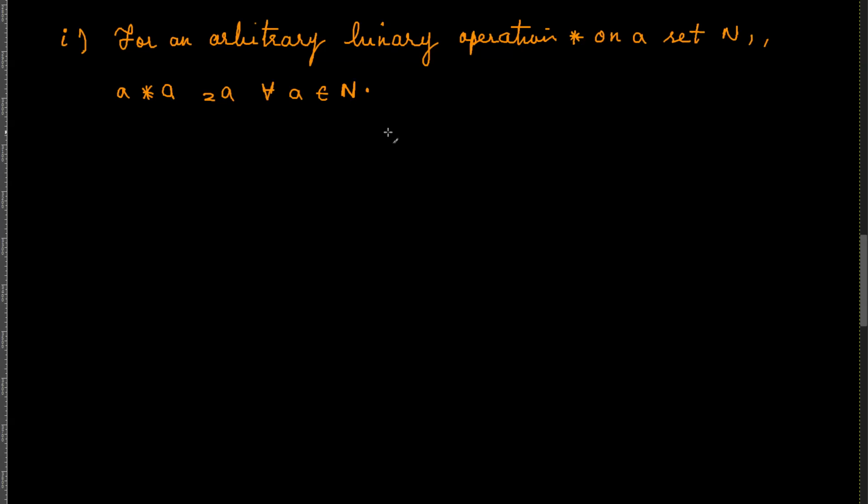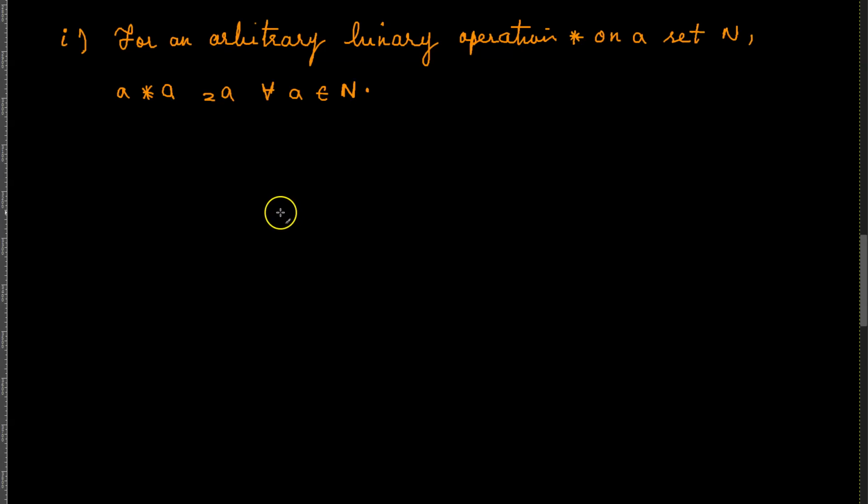So let's see if that is the case. What we are saying is, for an arbitrary binary operation on a set N, A star A is equal to A for all A belonging to N. When we say an arbitrary binary operation, that means I can take any example in order to create a counterexample for this statement, but of course it has to be in the set of natural numbers.